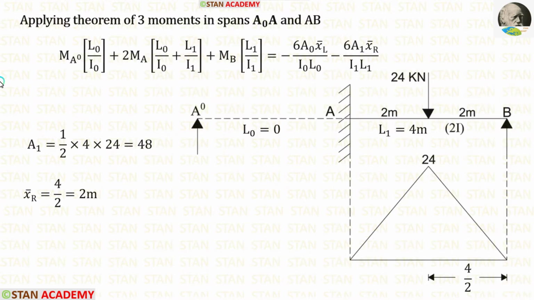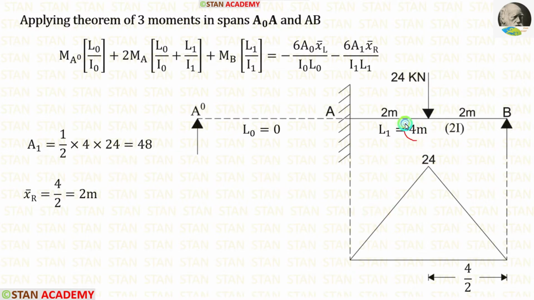Now let us apply the theorem of three moments in spans A0A and AB. In this equation, we have to calculate A1 and X bar right. No need to calculate for the imaginary span because it will be 0. We know that the area formula for a triangle is half into breadth into height.